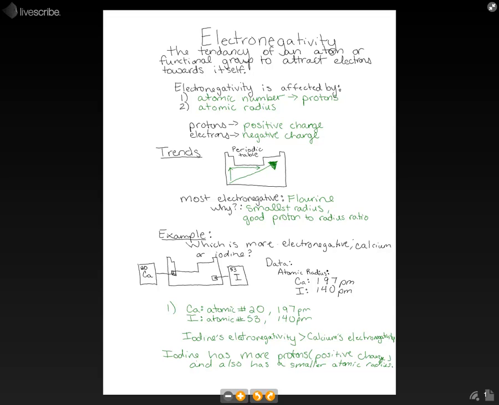So this is how you can compare two atoms to see which one's more electronegative using these two different things electronegativity is affected by.